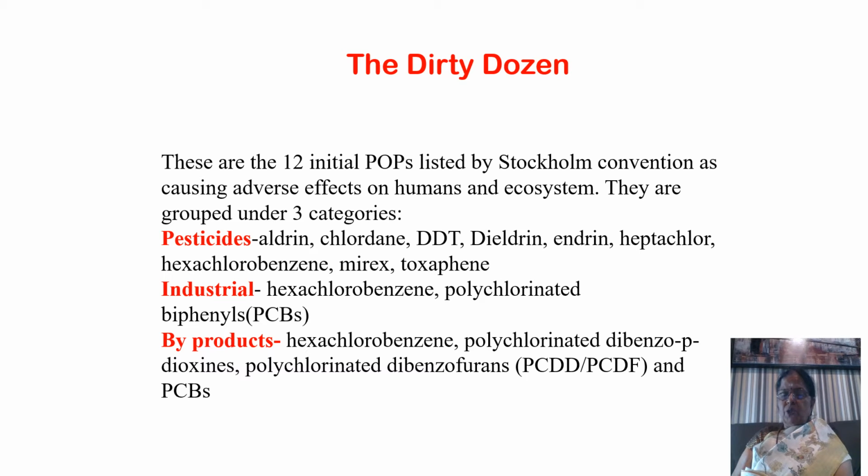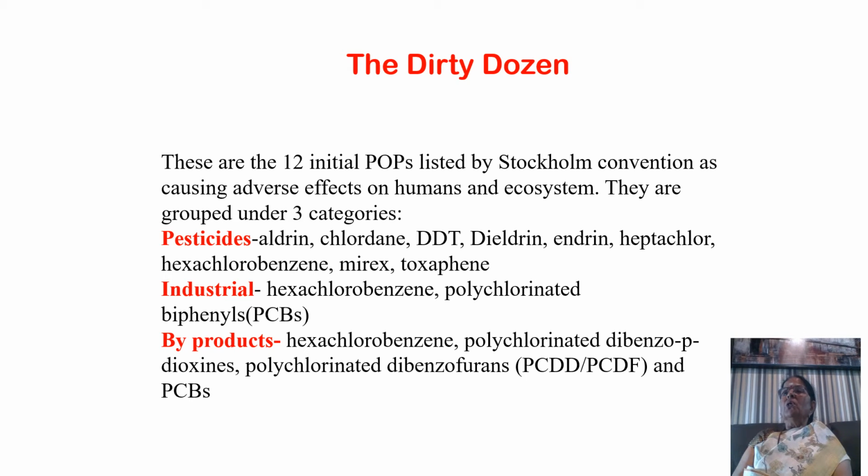The Stockholm Convention listed 12 POPs as a major hazard to human beings, and they are banned. They are grouped under 3 categories. The first group is pesticides. Commonly we use pesticides to kill the pests that attack our crops, some beetles or ants or some insects.